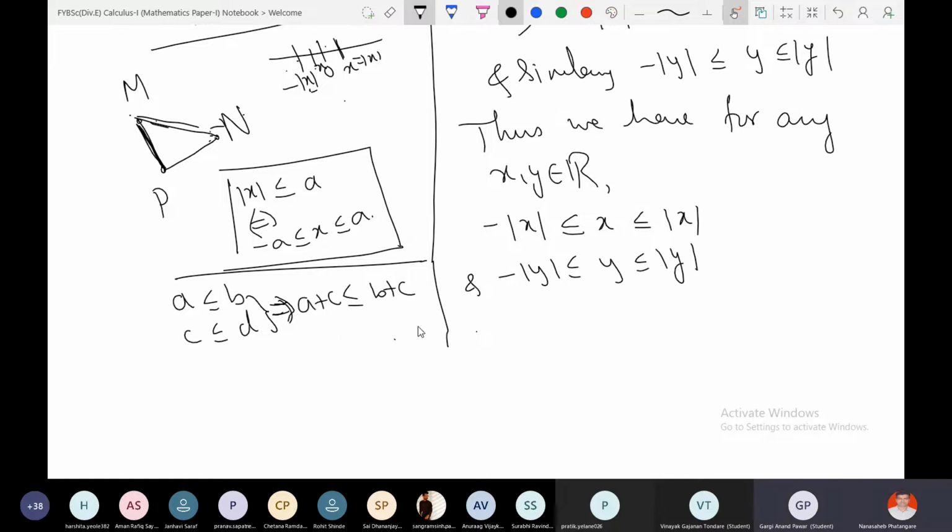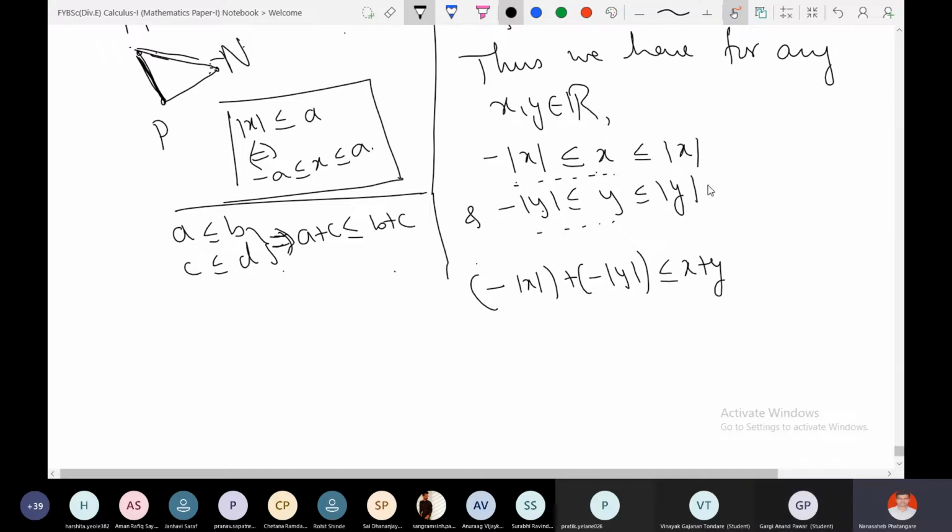So similarly, if I want to use this order property, then I just look at this half inequality and this half inequality, and if I add left hand sides, minus of absolute value of x plus minus of absolute value of y is less than or equal to x plus y. Am I right?